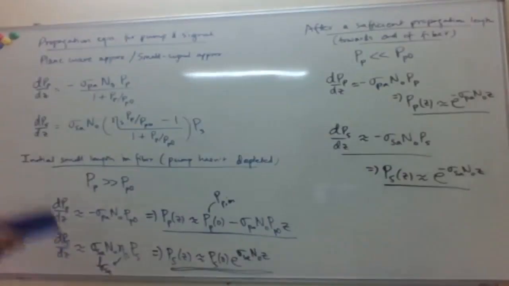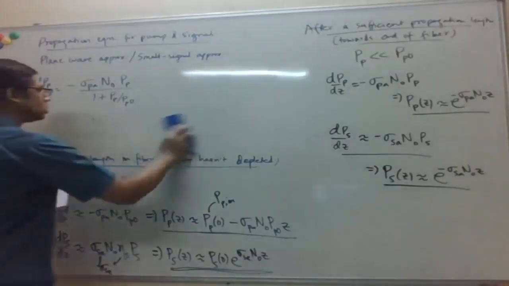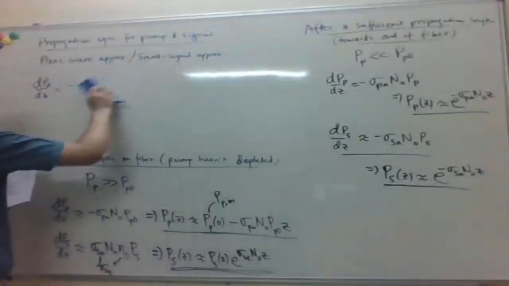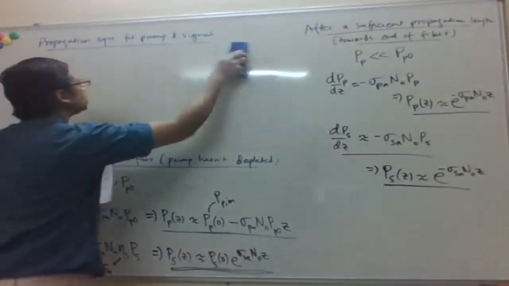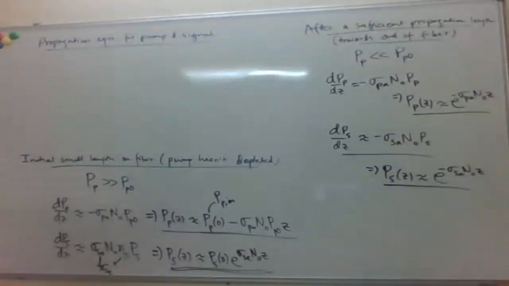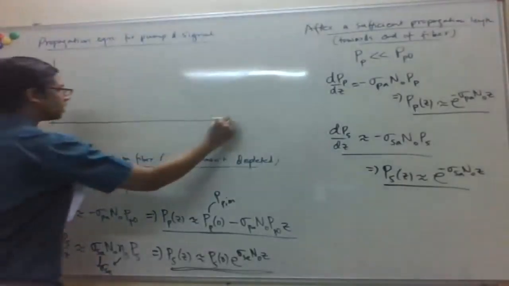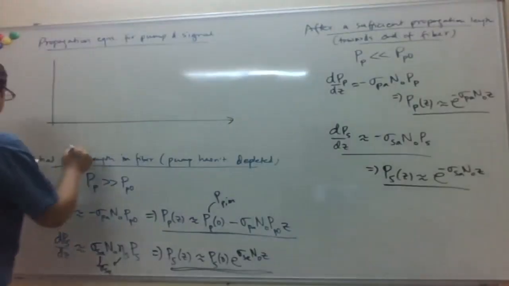Okay, so let's look graphically at what these equations imply. If you look at the pump, the variation of the pump power as a function of fiber length.